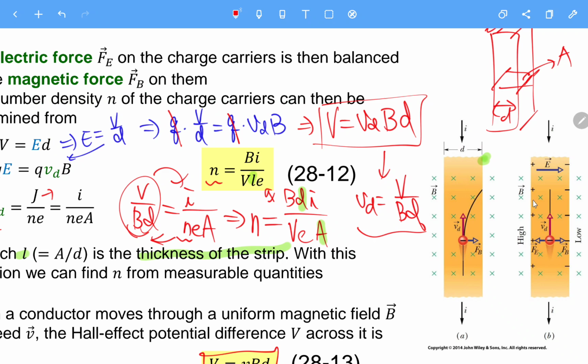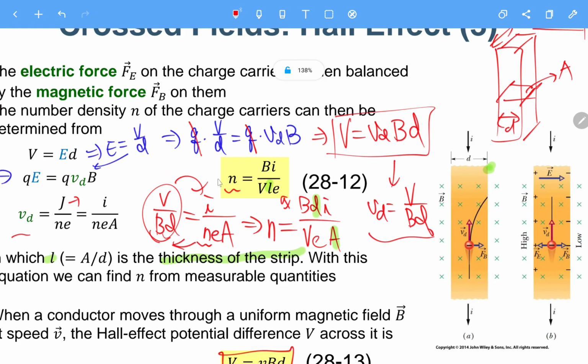L is only the thickness, of course we know that, and then E is the elementary charge. We also know this value, so based on this experiment, we can measure all these values so that we will be able to use this equation to calculate the carrier density N.